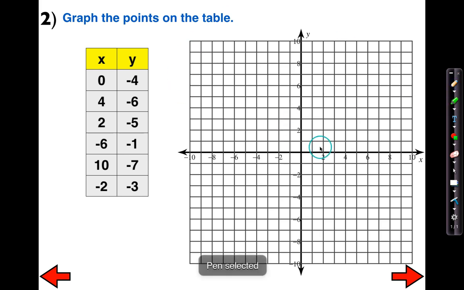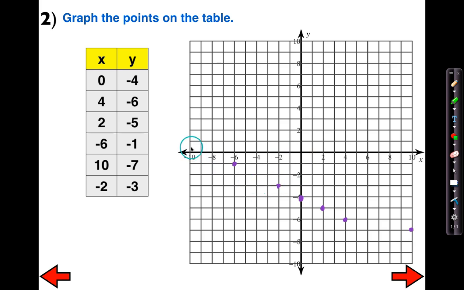So the first point is (0, -4), which is here. (4, -6) is here. (2, -5), which is here. (-6, -1), which is here. (10, -7), which is here. And then (-2, -3).